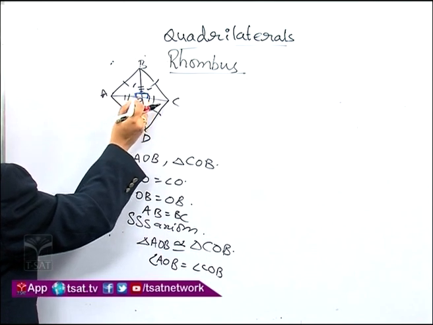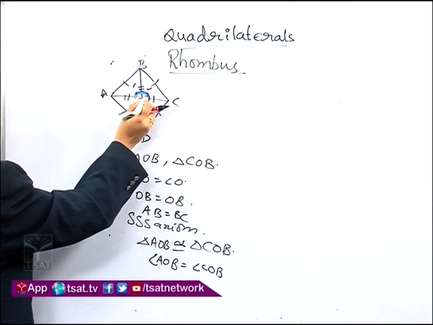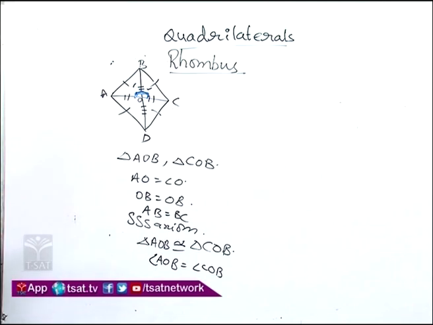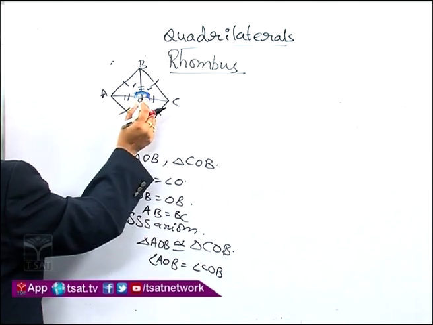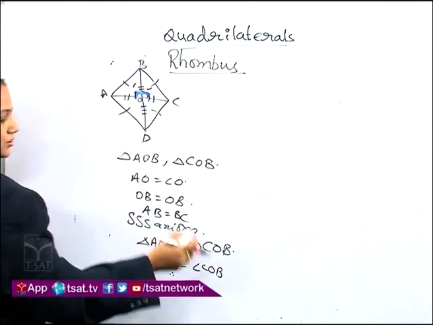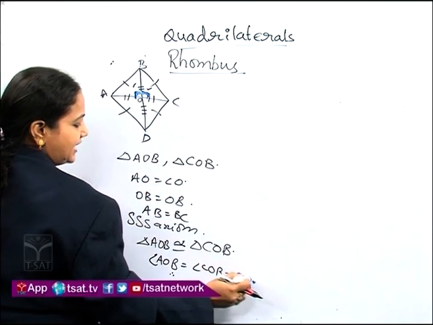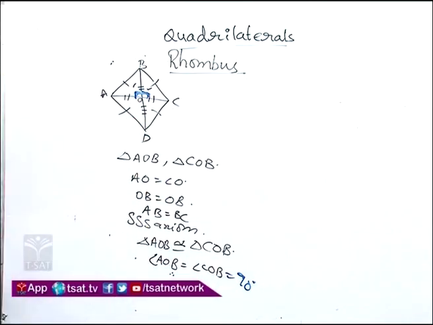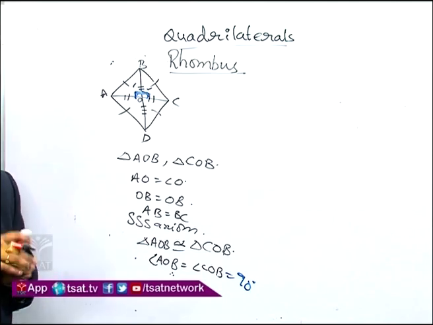What is the sum of these 2 angles? What type of angle is it? Straight angle, isn't it? Straight angle means the sum should be 180. That means the sum of these 2 angles is 180 and these 2 are equal, so both should be 90. That is, diagonals are perpendicular to each other in a rhombus.